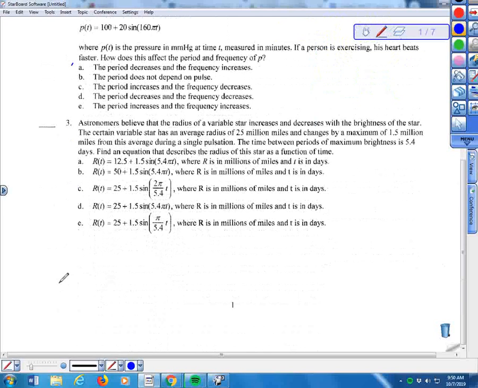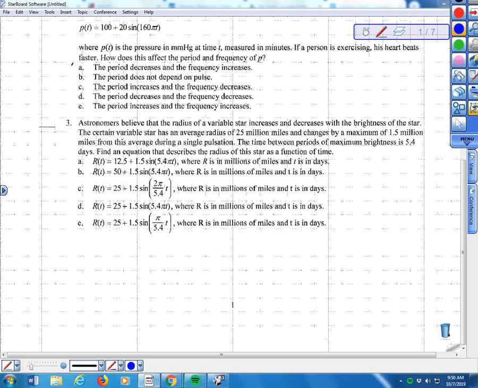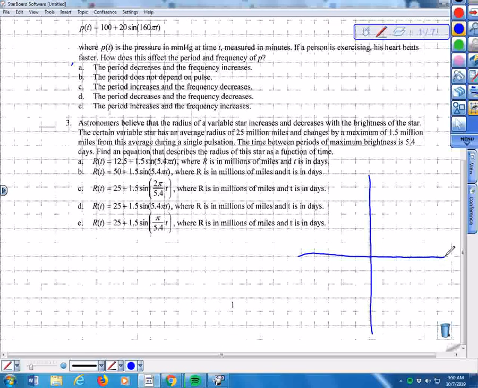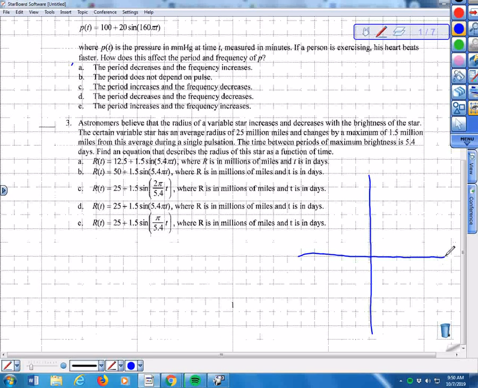Astronomers believe that the radius of a variable star increases and decreases with the brightness of the star. A certain variable star has an average radius of 25 million miles and changes by a maximum of 1.5 million miles from this average during a single pulsation. So I'm just sketching this. To me, it changes from that 25 by 1.5. Okay?